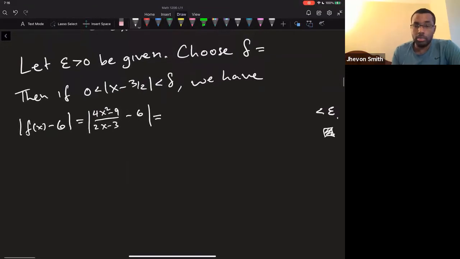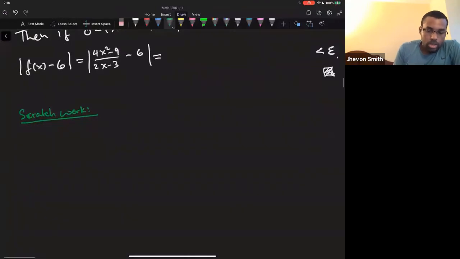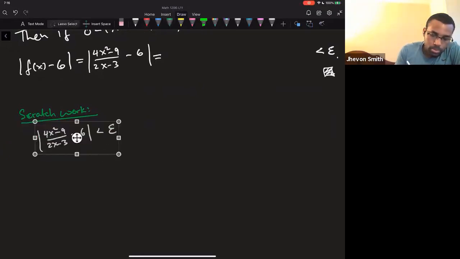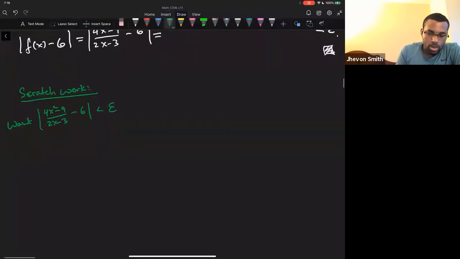How do I figure out what these blanks should be? Well, I go to the side. So I want this thing. I want 4x squared minus 9 over 2x minus 3 minus 6 to be less than epsilon. Well, what does that mean, Basil?